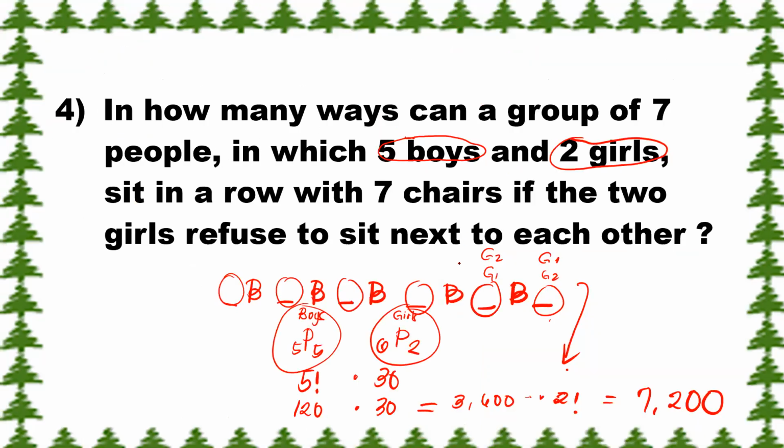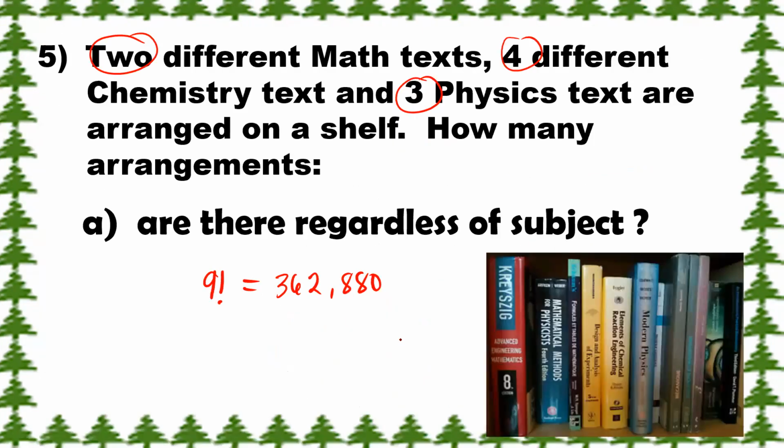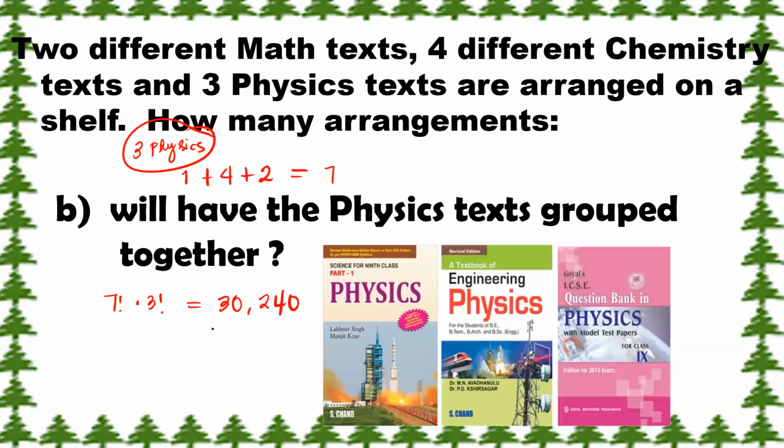Kasi dito, nag-representation. Dito, dapat ganun din. Okay, so that's 9 factorial. That's permutation of 9 taken 9 at a time. Itong B, we have 7. Permutation of 7 taken 7 at a time. Times permutation of 3 taken 3 at a time.